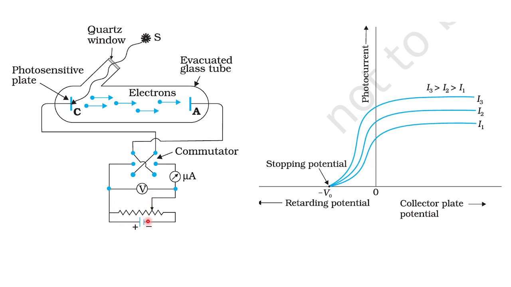Then you can see that we are applying this potential difference across A and C, correct? Clear? I told you that initially we are giving positive potential to A and negative potential to C, because once the electron is separated from C, it must move towards A. Its polarity is positive, so the electron will be attracted towards A. So initially we are giving the anode a positive potential.